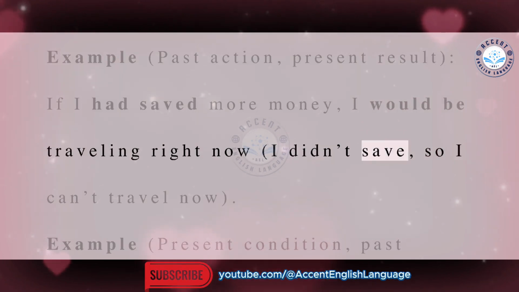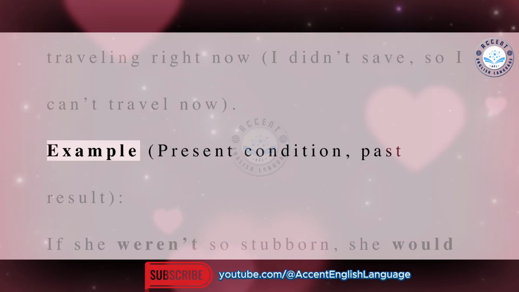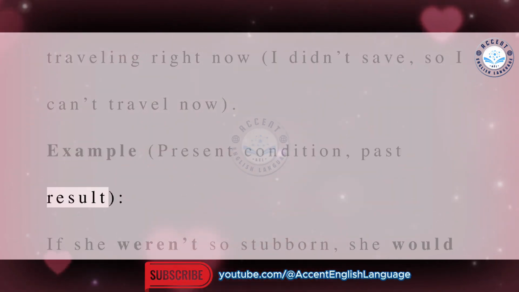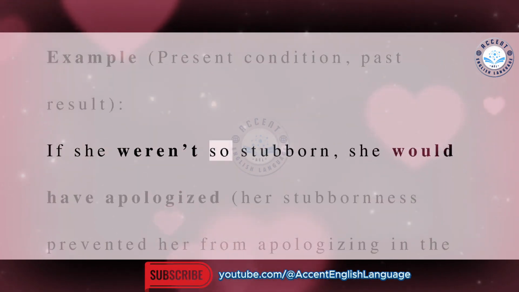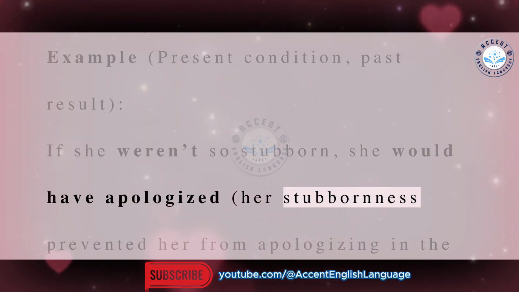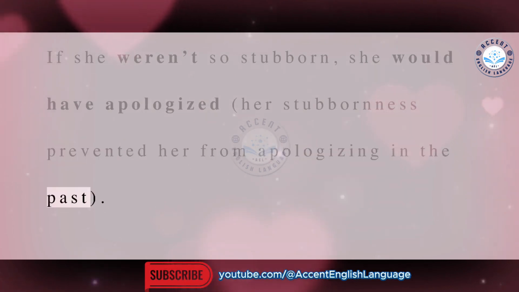I didn't save, so I can't travel now. Example: present condition, past result. If she weren't so stubborn, she would have apologized. Her stubbornness prevented her from apologizing in the past.